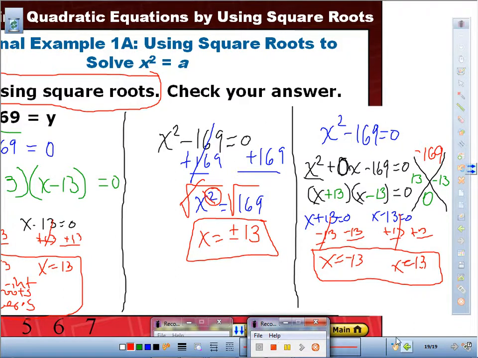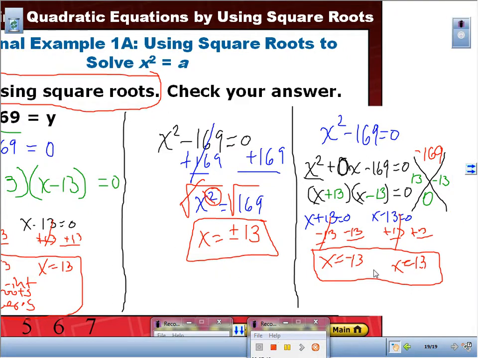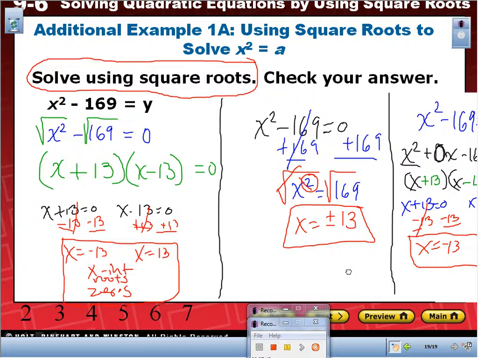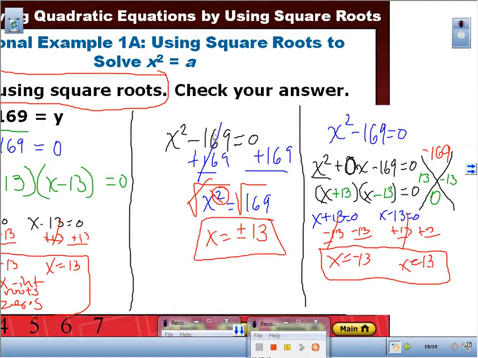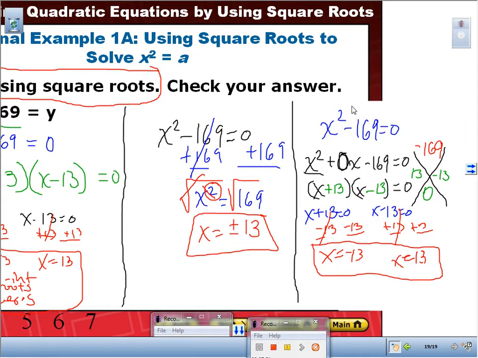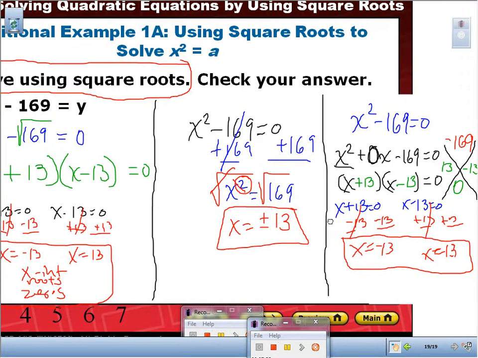So let's look at what we just did. We got three different ways of solving that one. There's this way, using the difference of squares pattern. There's this way, using square roots. And there's this way, using factoring with the diamond or the Power Rangers. So think about it.